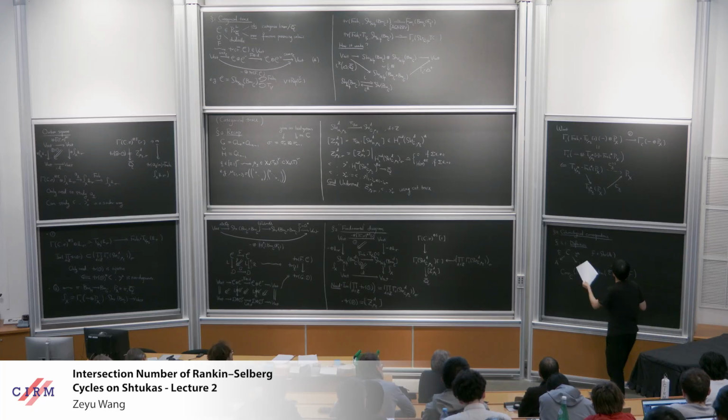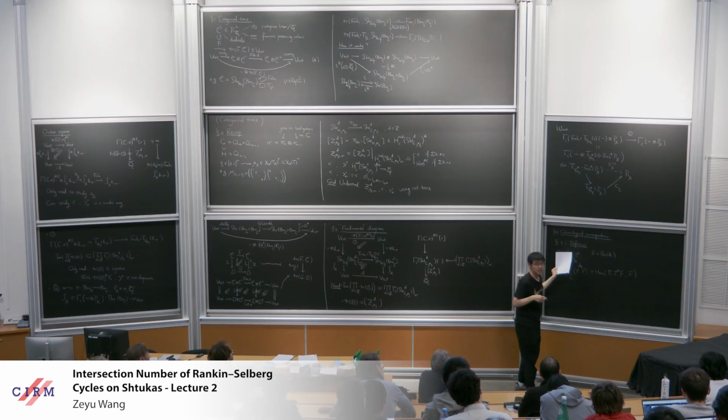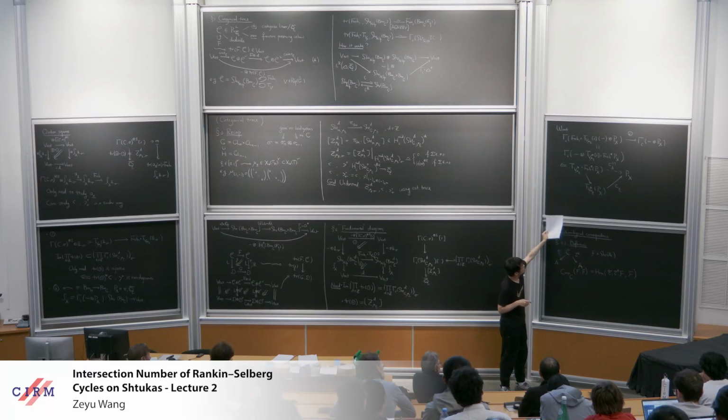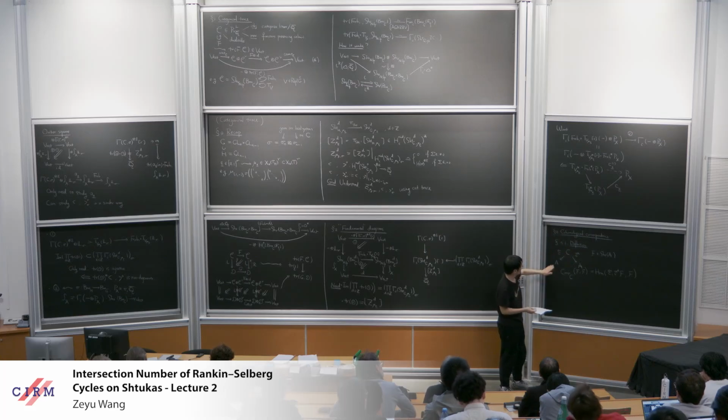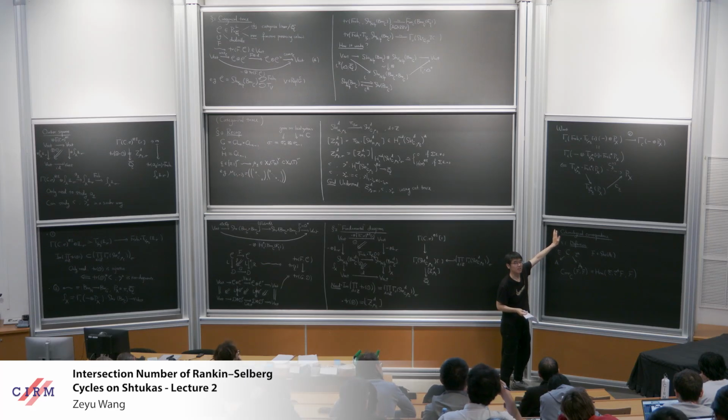You mean here you need to put a kernel, right? So in this picture, they live on A. In this case, it's Bun G. I will write it very soon.